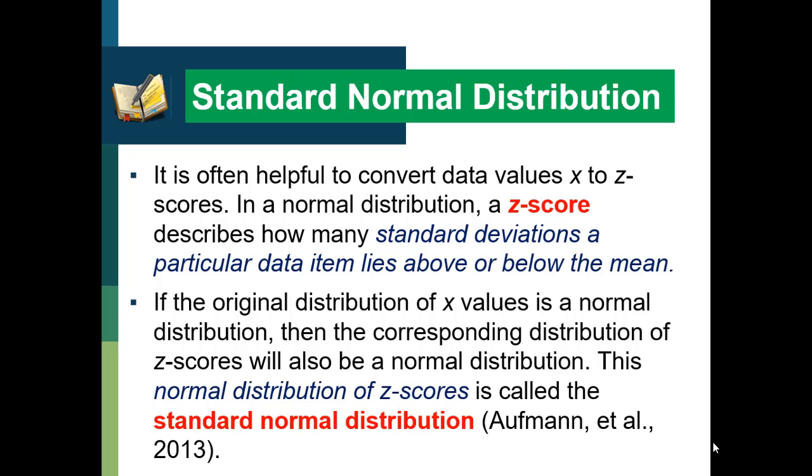That is the normal distribution of z-scores, according to Hoffman. See? And that distribution of z-scores will tell us how many standard deviations a certain score is above or below the mean. If it's above the mean, that means a very good standard score. If that is below the mean, that is not so good because it's below the mean.